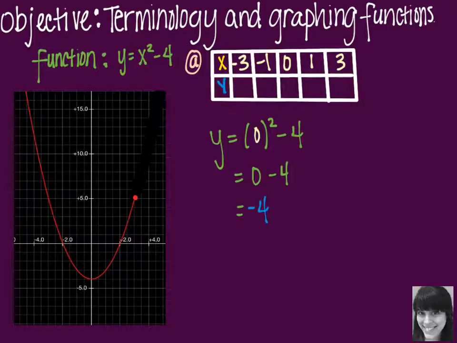So I put that in my table, negative 4. I'm going to go back and do all of these inputs, and I'm going to treat them the same way I did the 0. I'm going to substitute them in for x and see what I get out.